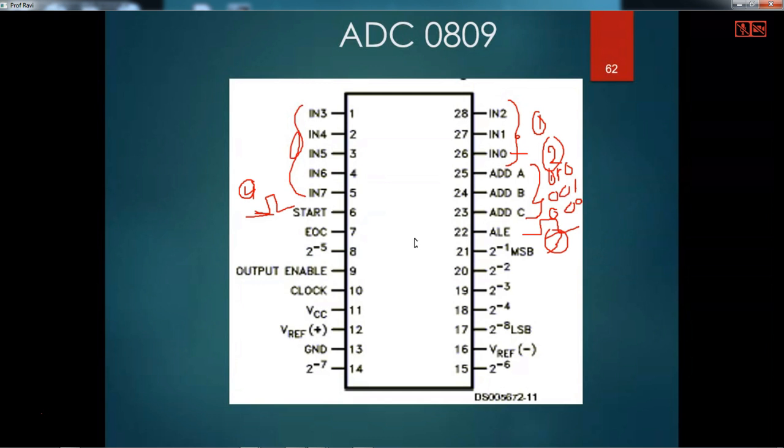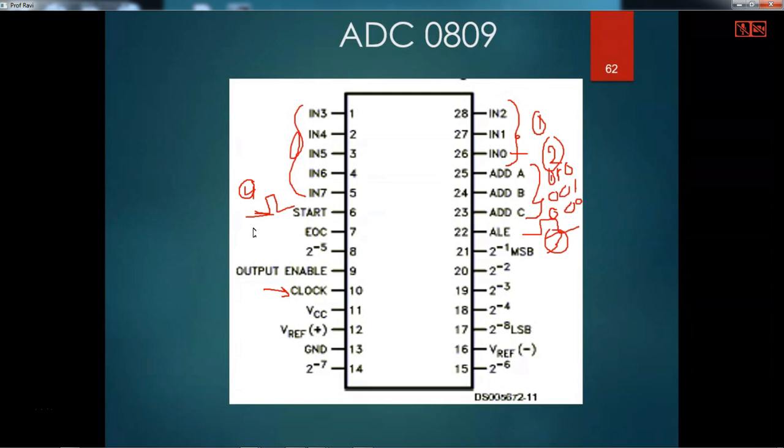It then starts converting, and based on the clock speed, since it is an 8-bit analog to digital converter, it takes 8 clock cycles. Sorry, I said 8x1 multiplexer; this is an 8-bit analog to digital converter, a successive approximation type. The speed of conversion depends on this, so the controller needs to wait up to 8 clock cycles.